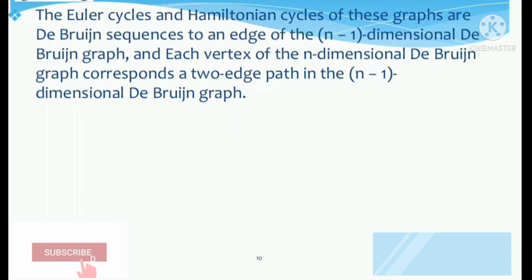Next, the Eulerian cycles and Hamiltonian cycles of these graphs are de Bruijn sequences. Each vertex of the n-dimensional de Bruijn graph corresponds to an edge of the (n-1)-dimensional de Bruijn graph, and each edge corresponds to a two-edge path.